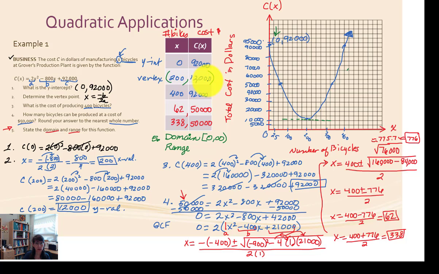So our lowest value is 12,000 with a bracket. And when we rise, as cost increases, how high can we go? It's not going to stop with this dot. We have an arrow. So the cost is going to increase with the more bicycles that are produced. So again, that would be infinity with a parenthesis.